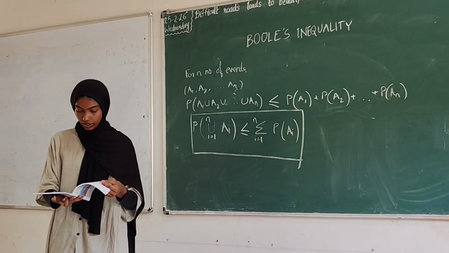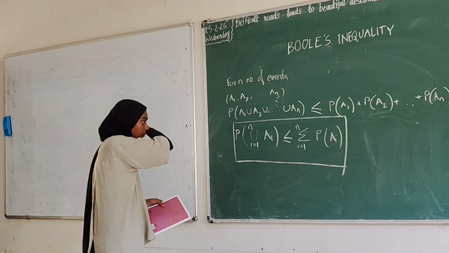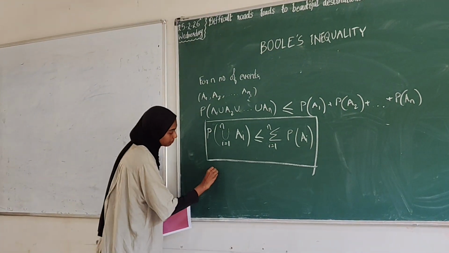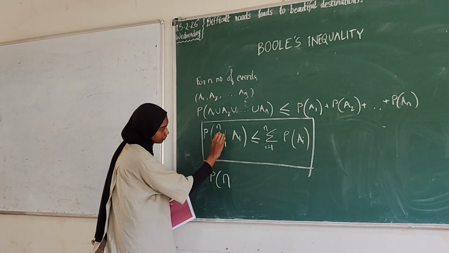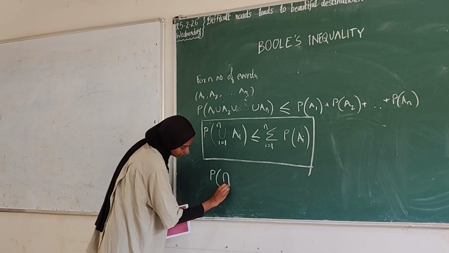He also introduced another inequality, which is for the probability of intersection. Here we use union; there we are using intersection.